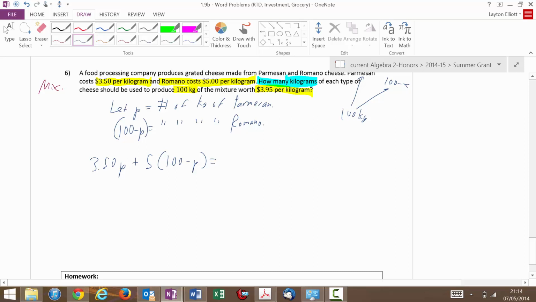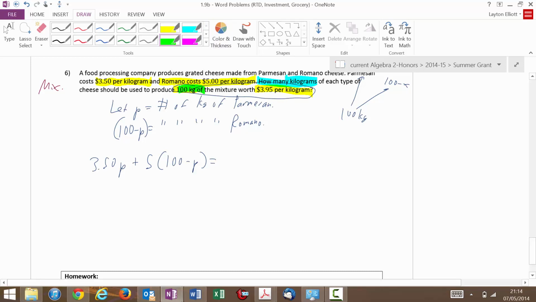What I'm getting when I multiply $3.50 times p, the cost per kilogram, times the number of kilograms, is a cost. We know that, but look at what's happening here. This is different right here.